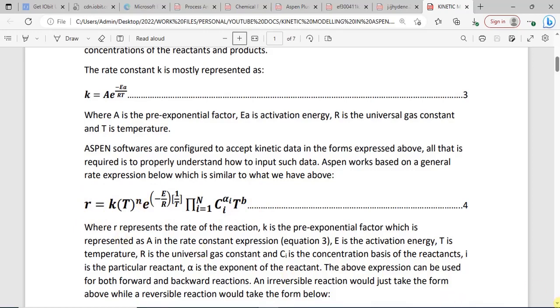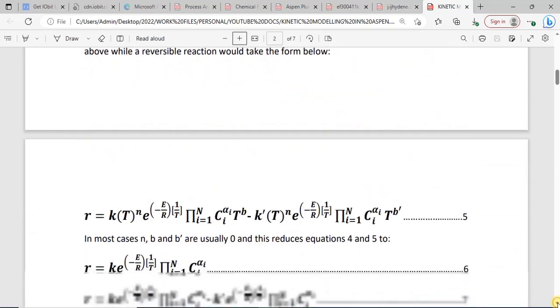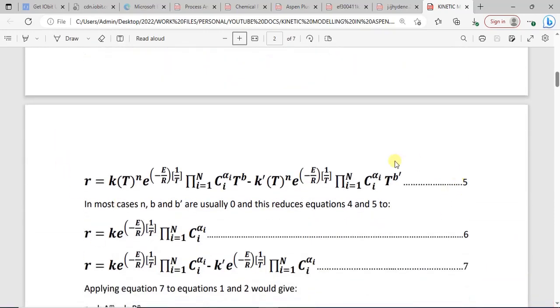So moving on now, this equation 4 right here is actually for an irreversible process, right? Now, for a reversible process, we'll be making use of equation 5. Equation 5 just takes account of the backward reaction.